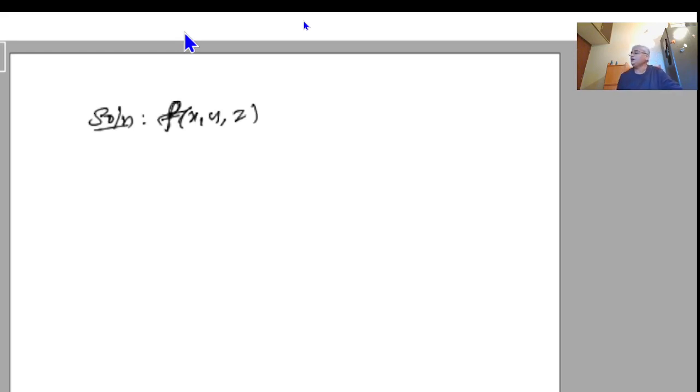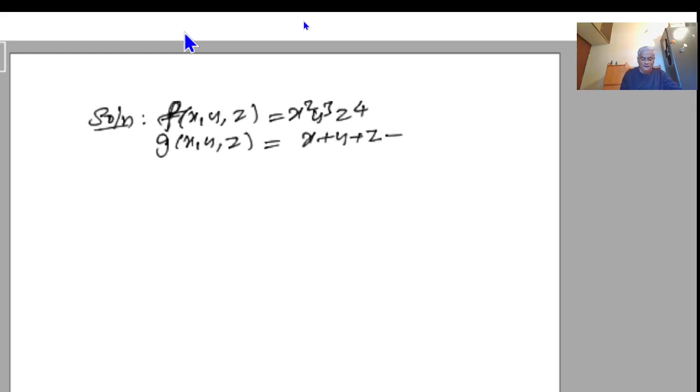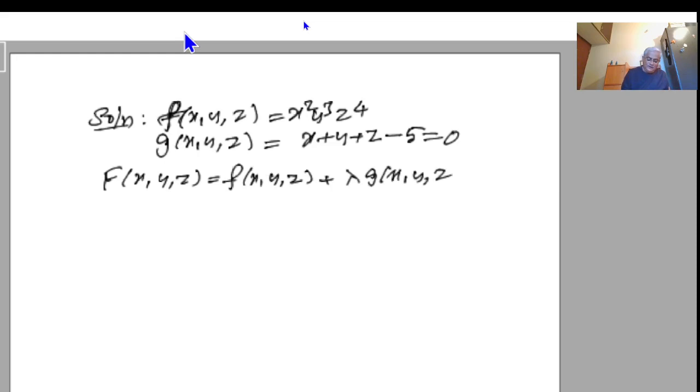This is our f x, y, z equal to x square y cube z to the power 4, and the given constraint we write as g of x, y, z is x plus y plus z minus 5 equal to 0. Then we write capital F of x, y, z equal to f x, y, z plus lambda into g x, y, z.